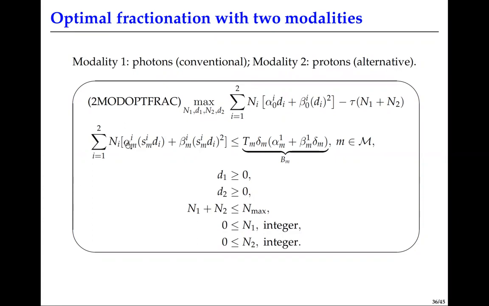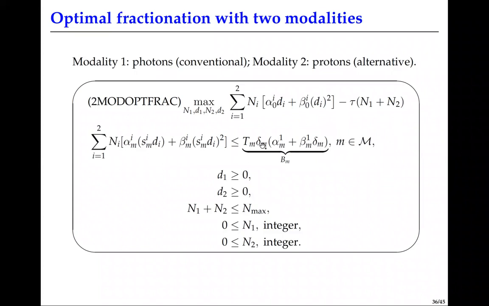You'll see here that the two modalities have their own alpha and beta parameters, superscripted by i for the two modalities, i equal to 1 and 2. Similarly, their own sparing factors here. And again, this biological effect is less than or equal to what this particular normal tissue is known to tolerate.